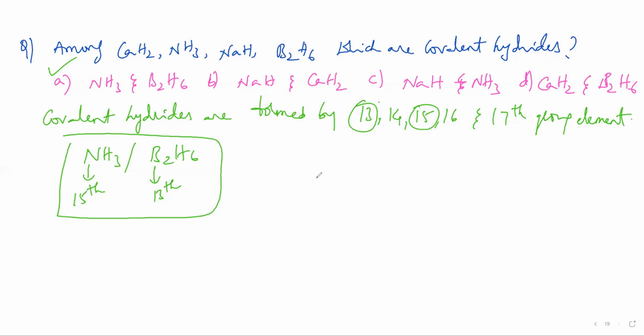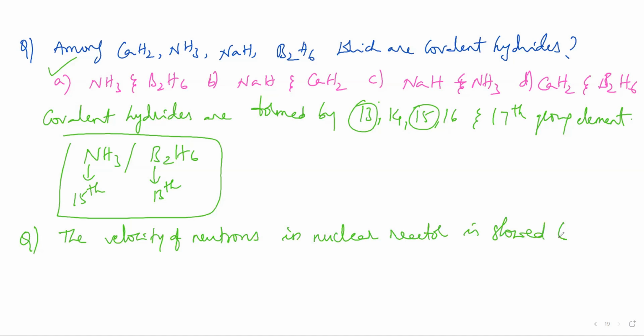One more question we'll see. The velocity of neutrons in nuclear reactor is slowed down by, means the reactivity is decreased.